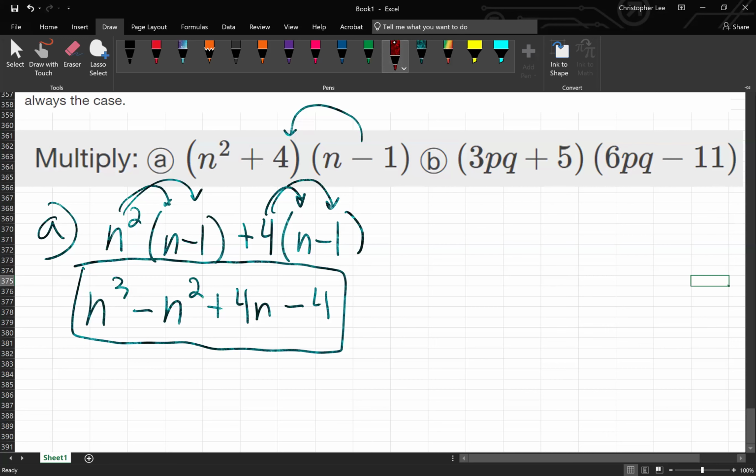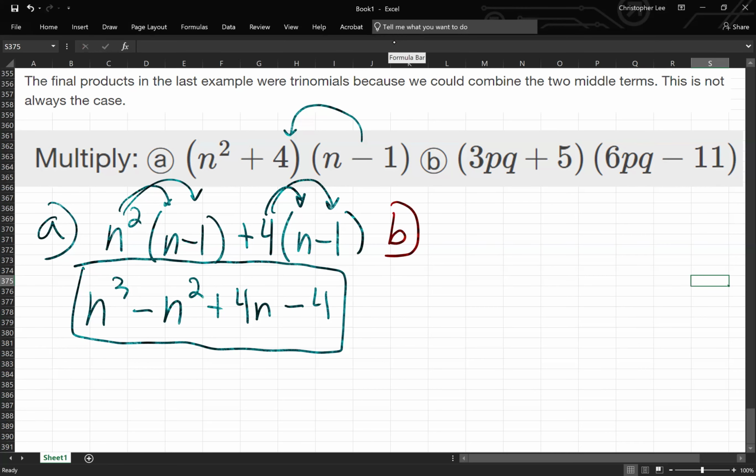Try out B for me. Nobody? All right. Let's do the FOIL method. 3pq times 6pq, which is 18p squared q squared.